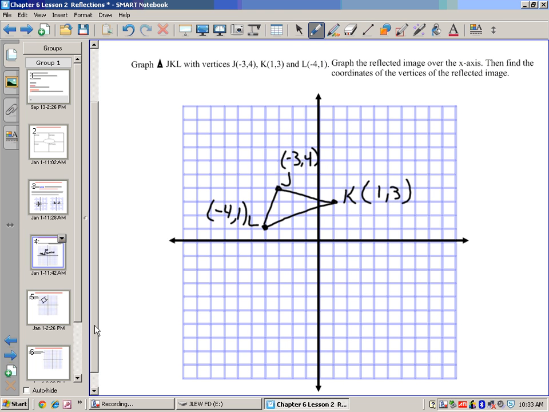Now we're going to reflect over the x-axis, so we're going to go down. Remember, look back on the key concept on the x-axis. When doing so, the x stays the same, but the y is multiplied by -1. So let's look at K first.